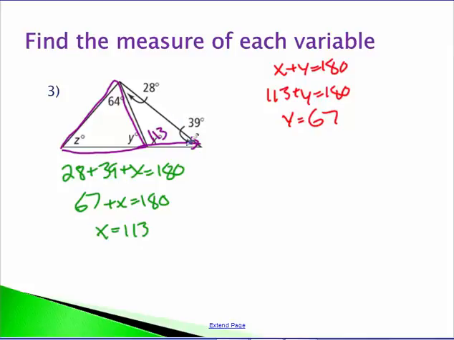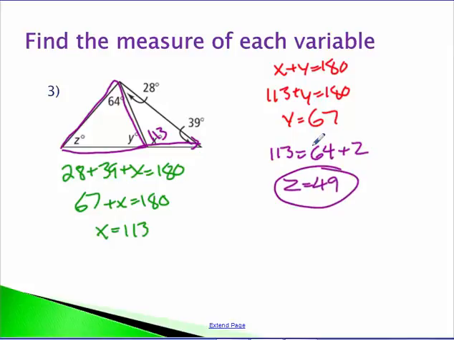Now that I know this is 113, I know that that's equal to 64 plus z, because those are the remote interior angles. So if I take 113 and I subtract 64, I get that z is 49.